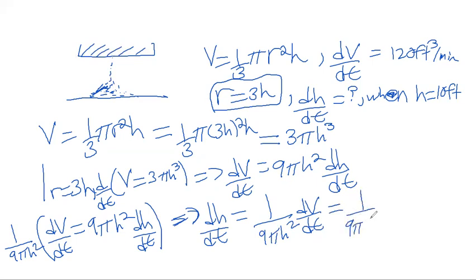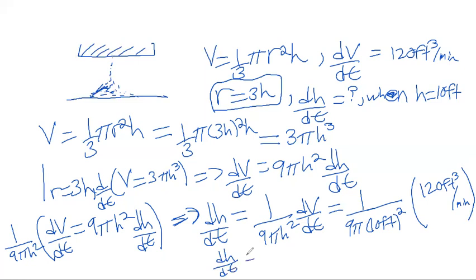I plug in h, which is 10 feet, and the change in volume over time, dV/dt, is 120 cubic feet per minute. To save some time in the calculation, it comes out to 2 over 15 pi feet per minute.